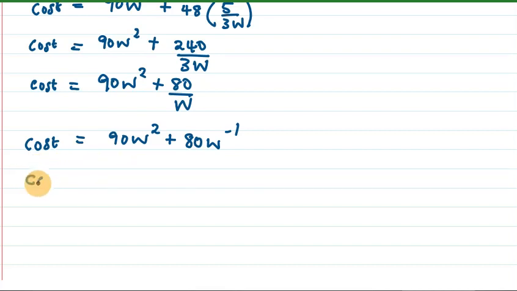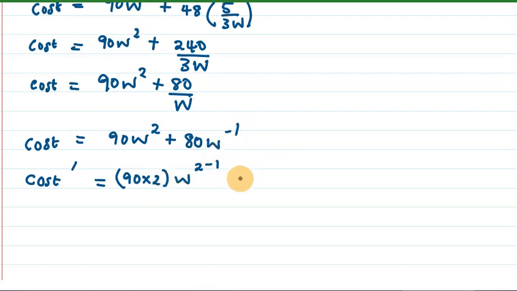So this is the cost. You are differentiating the cost, so it's cost prime. Here you have 90 times 2. We have a W, which is the width, that's 2 minus 1. That is the rule of differentiation.